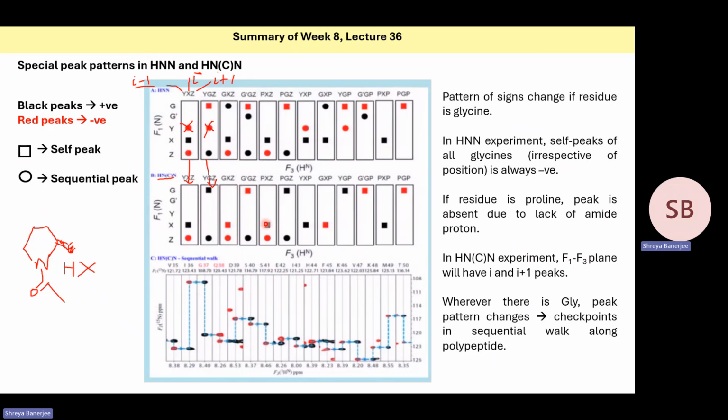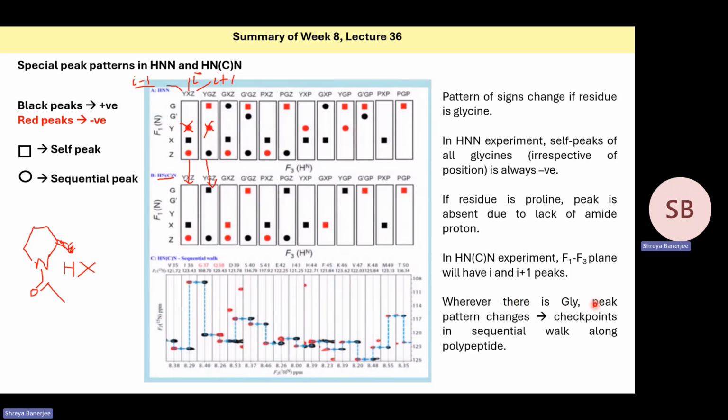But if you have P in some other position, look at YXP: compared to YXZ where you have 2 peaks, YXP will have only 1 peak, which is the self peak. Because a cross peak with proline at I plus 1 is not possible, as it does not have an amide hydrogen. So if the residue is proline, the peak is absent due to the lack of an amide proton.